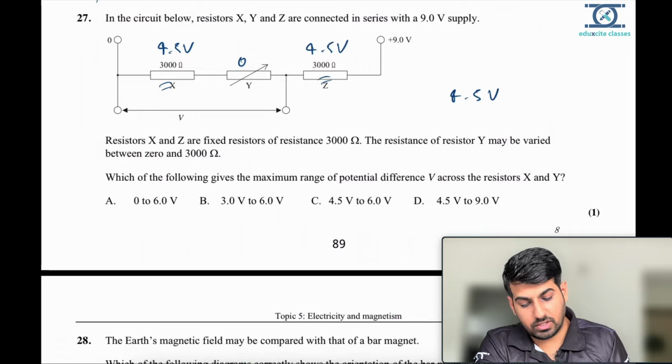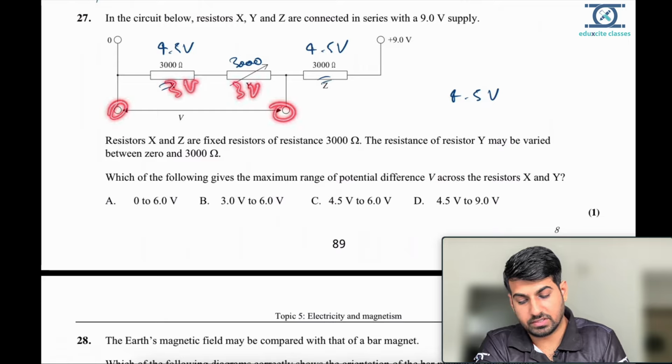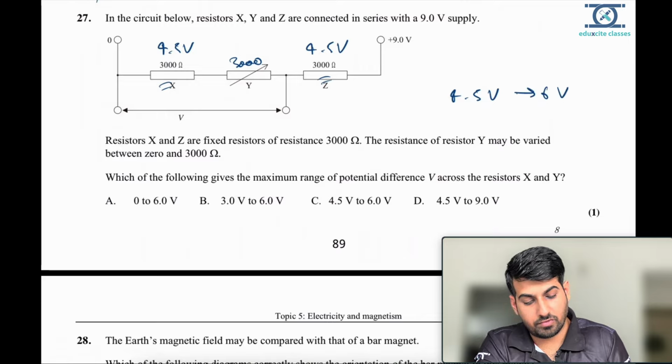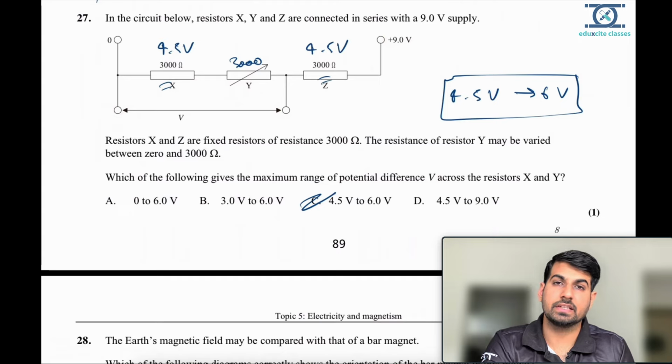The maximum voltage it can reach is when this is 3000, so this is also 3000, 3000, 3000, 3000. So 9 divided by 3 is 3 volt here, 3 volt here. So the potential difference will be 6 volt. So it will be from 4.5 to 6 volt, which is option C, the right answer.